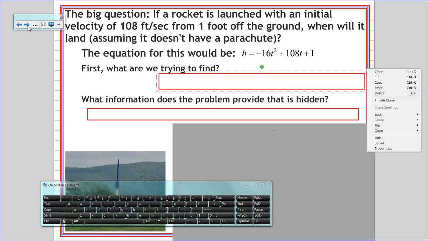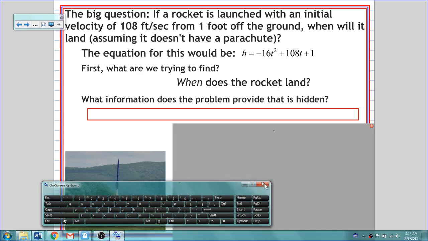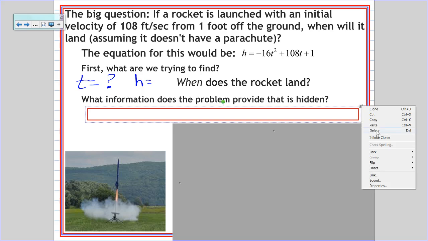So what we're trying to find is, when will the rocket land? That means t is our unknown, which means we must have to know what the height is. What's the height? So what information does the problem provide that's hidden?